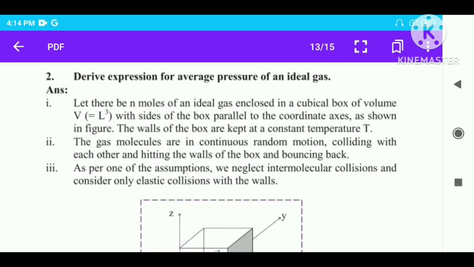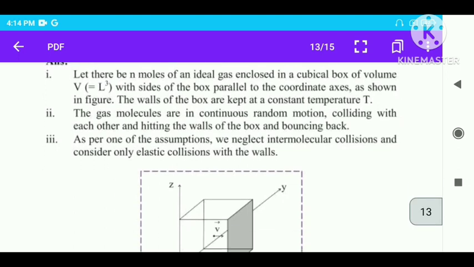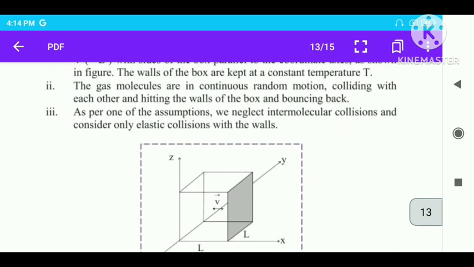Second, the gas molecules are in continuous random motion, colliding with each other and hitting the walls of the box and bouncing back. Third, as per one of the assumptions, we neglect intermolecular collisions and consider only elastic collisions with the walls.